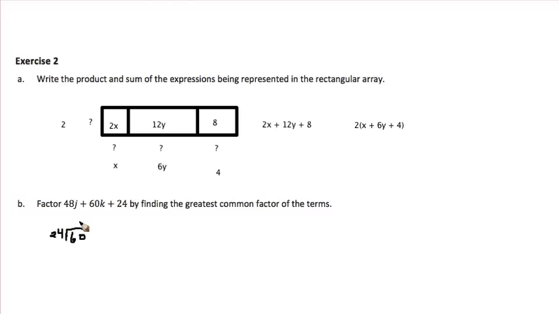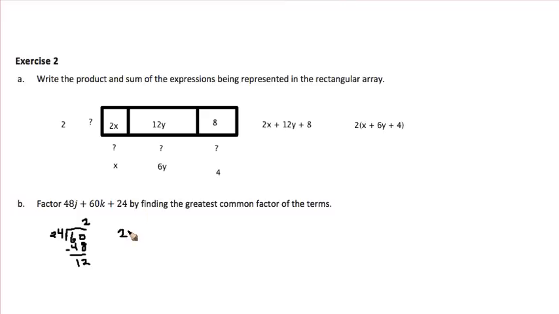So if I divide 60 by 24, I know that that goes in twice, which is 48, leaving us with a remainder of 12. Then we'll continue the same pattern by dividing the divisor, that's the number outside, by the remainder until there is a remainder of 0.